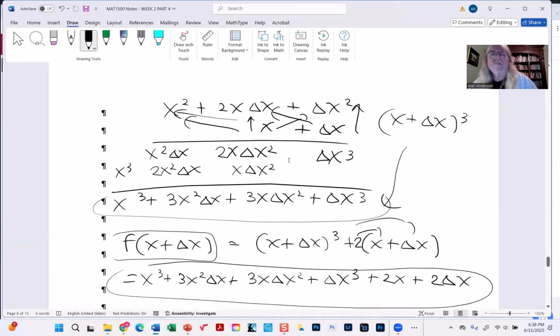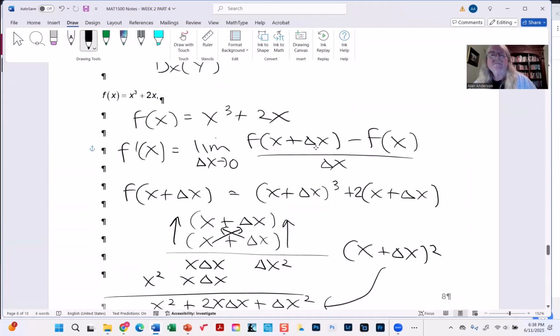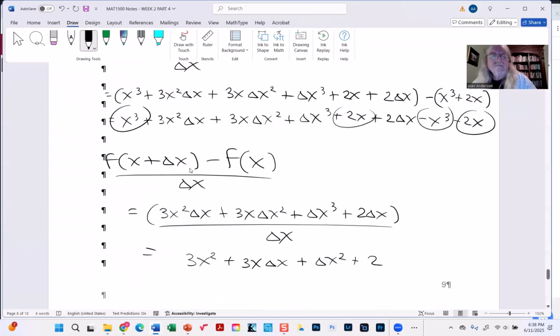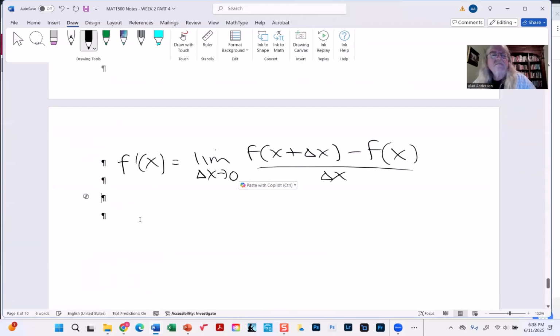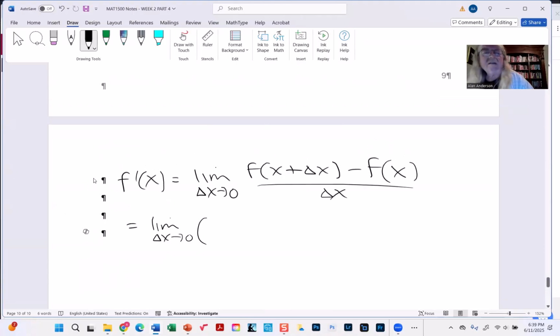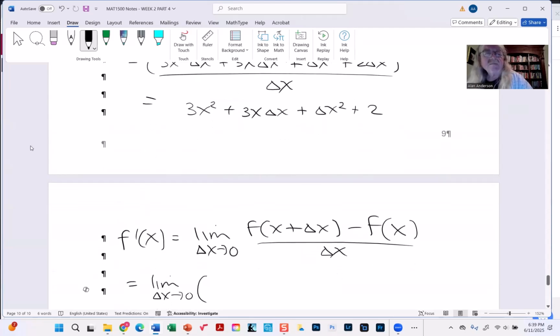So therefore, combining all this information, actually, I'll just grab the whole line. Okay, so for that, we need this part. Again, 3x squared plus 3x delta x plus delta x squared plus 2.